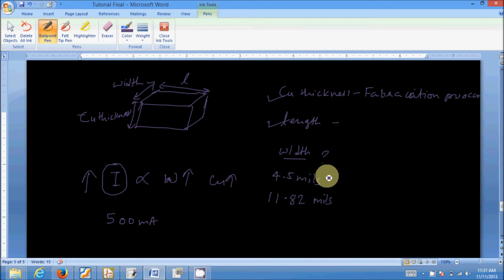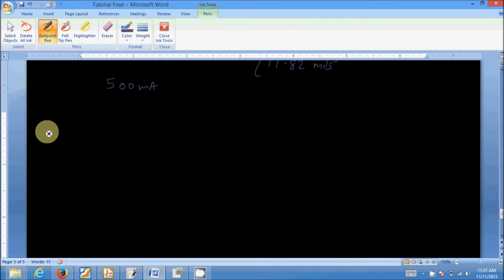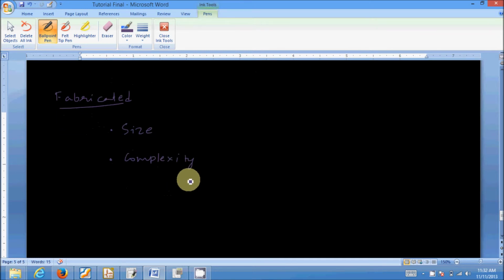Now let us keep these values in mind. When we get a board fabricated, the cost of it depends on, the first factor, size, and second, complexity. One of the things that is more important here is the complexity. So if the track widths are very small, say less than 6 mils, then the fabrication cost would go up.